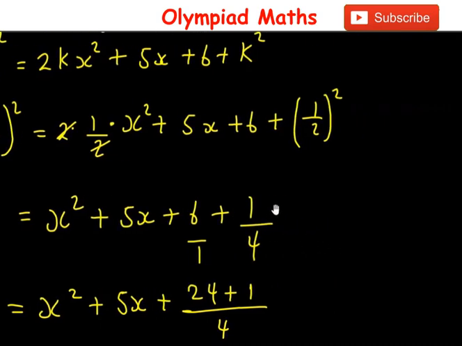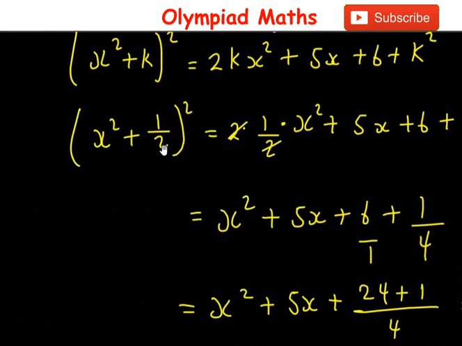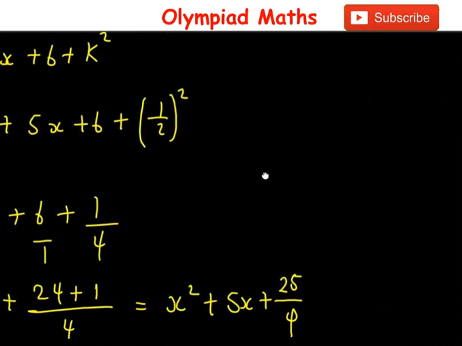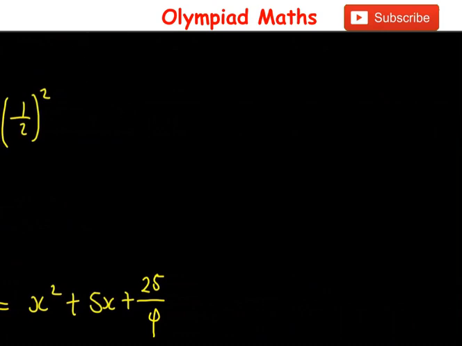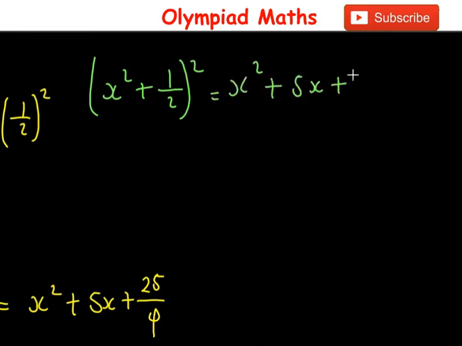And we have this equal to x squared plus 5x plus 24 plus 1, which is simply 25 over 4. Don't forget that this is equated to (x squared plus 1 over 2) squared. So writing it down here, we have (x squared plus 1 over 2) all squared equals x squared plus 5x plus 25 over 4.